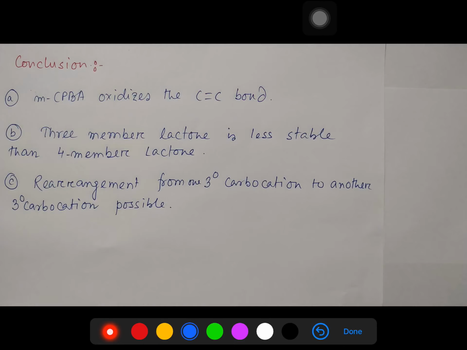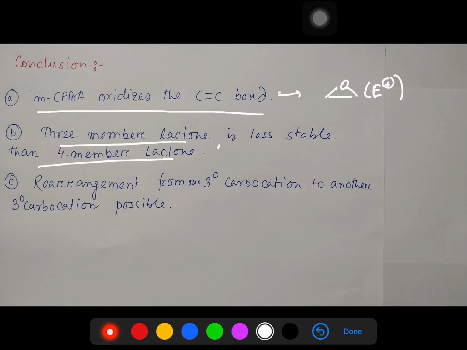Now what have we learned from this discussion: first of all, MCPBA, meta-chloro-benzoic acid, oxidizes a carbon-carbon double bond to form an epoxide. Actually this is the electrophilic epoxidation. In the next slide I shall explain very briefly about nucleophilic epoxidation. Now a 3-member lactone is less stable than a 4-member lactone because of strain.